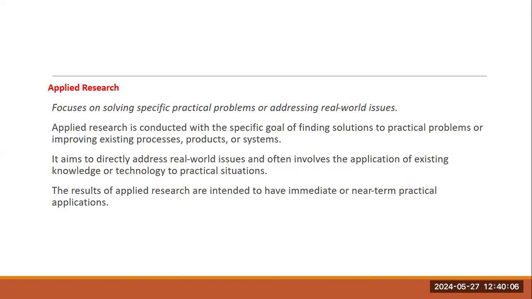Pure research is just to increase or understand the knowledge, but here it is to apply, right? To find the solutions. It aims to directly address real world issues and often involves the application of existing knowledge or technology to practical situations. The results of applied research are intended to have immediate or near-term practical applications, right?